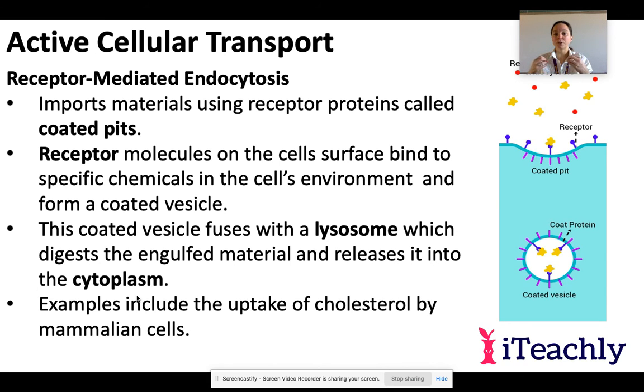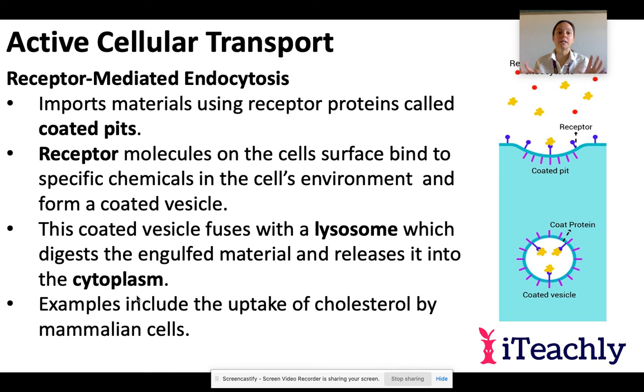Once the receptors are full or coated, then the cell membrane will engulf it. An example of this is cholesterol. We take in cholesterol this way. Your lysosomes, when we're digesting something to release it, again, we're using receptor aided.